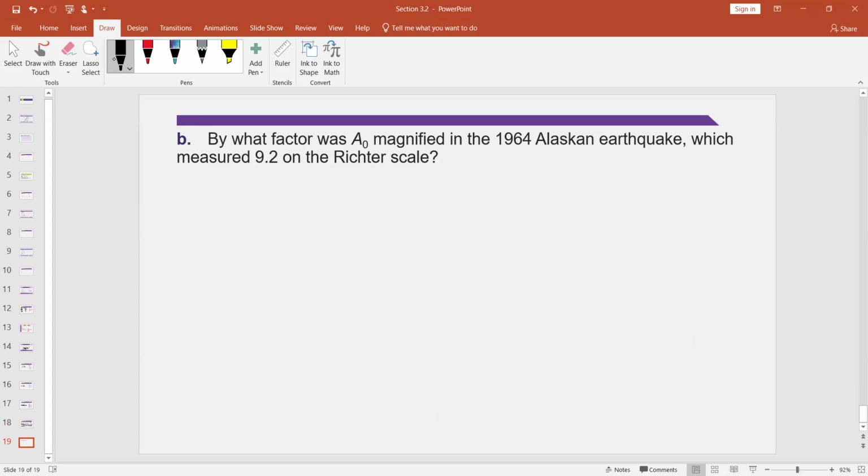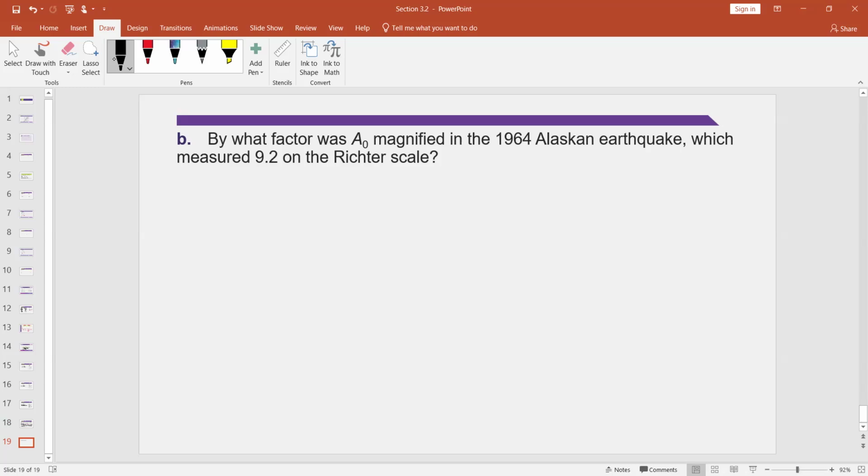And this one measured at a 9.2 on the Richter scale. So what we want to do is see what factor the small sample that we use, A0, was magnified for this earthquake, which measured at a 9.2.